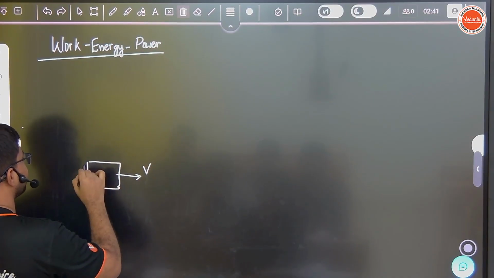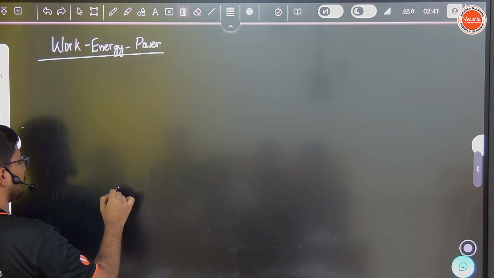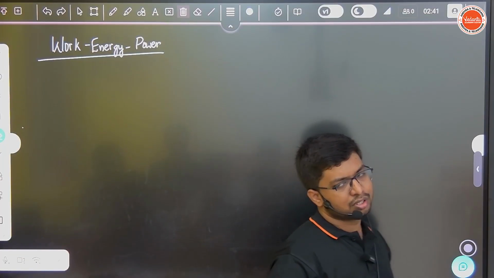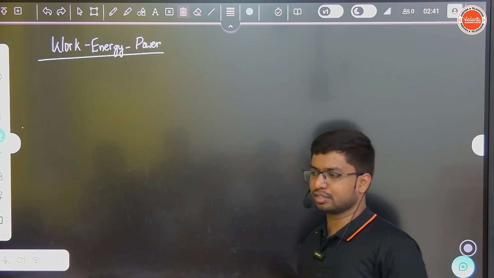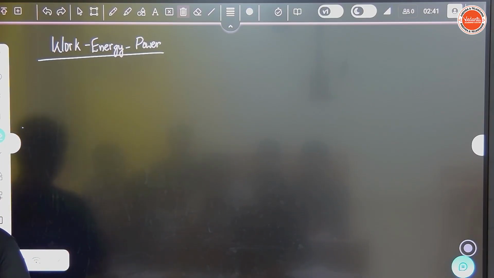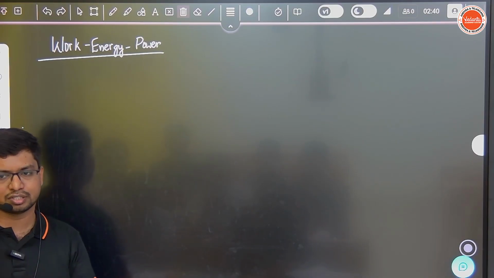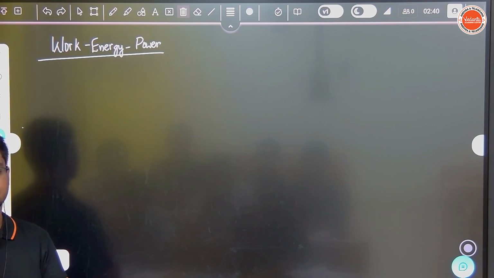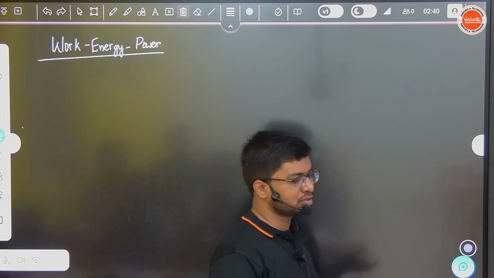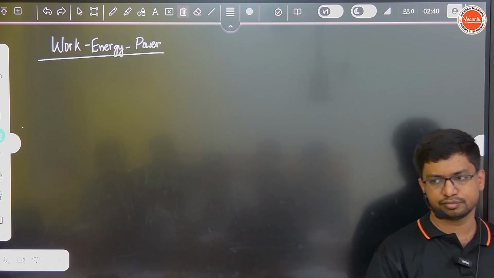Now, since energy is available in different forms, each energy is defined differently, right? Let us say if you go for the kinetic energy, how is it defined? It is a form of energy by virtue of the motion of the body, right?